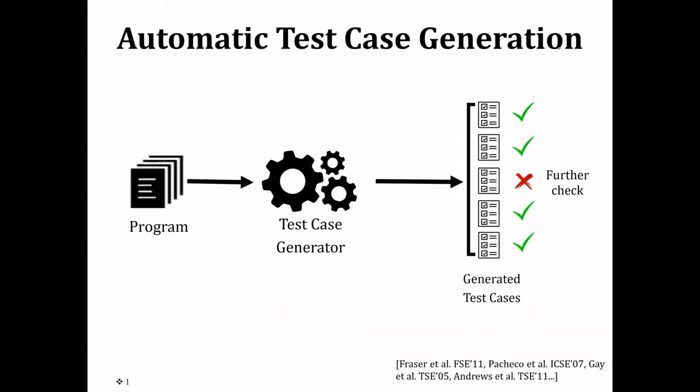At the very beginning, let's first have a quick overview of the general process of test case generation tools. Given a program, a test generator usually will first explore the input space and produce the test cases. Among the generated test cases, some may fail, which will be further checked for finding potential bugs.